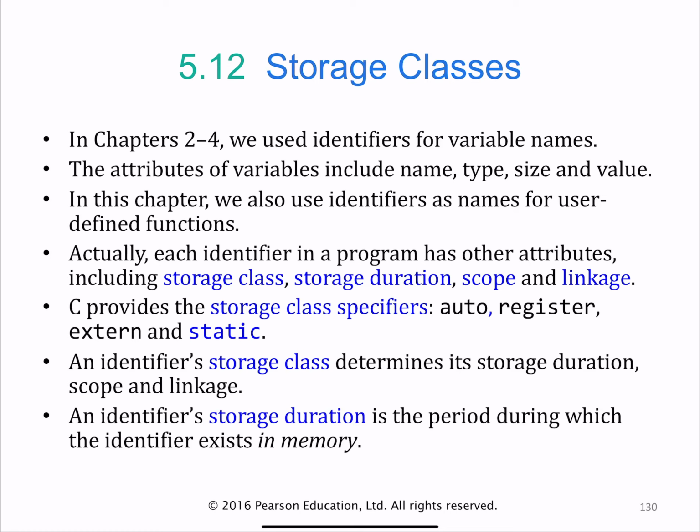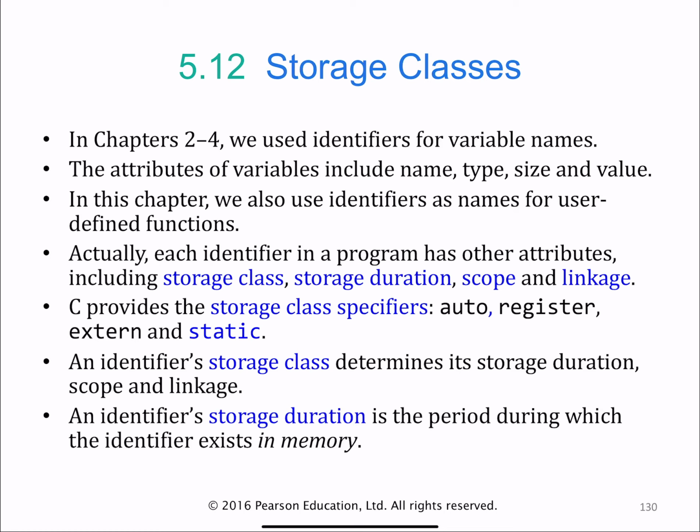In this section, we just discuss two things regarding variables. The types of variables that we have available in C, also referred to as storage classes, and the visibility to which variables can be restricted, and that we have a technical term for that called scope.